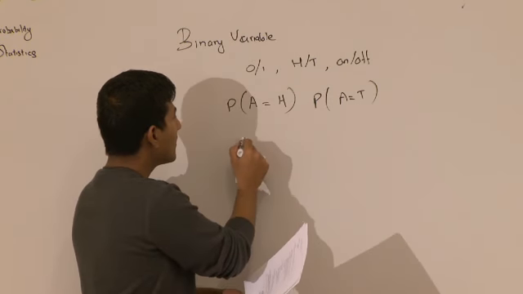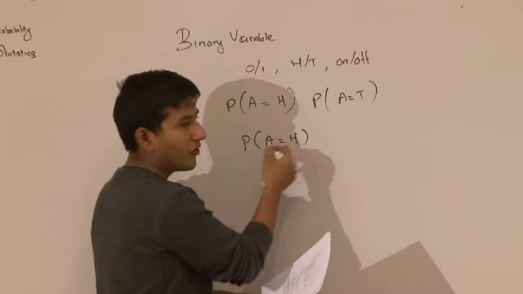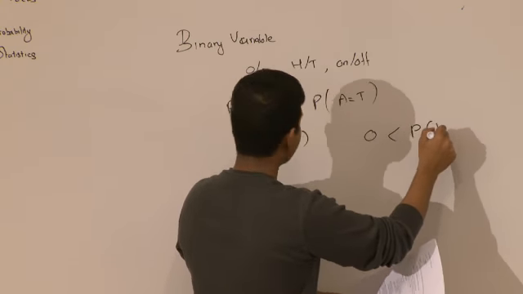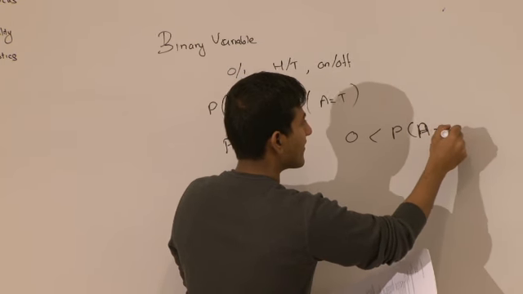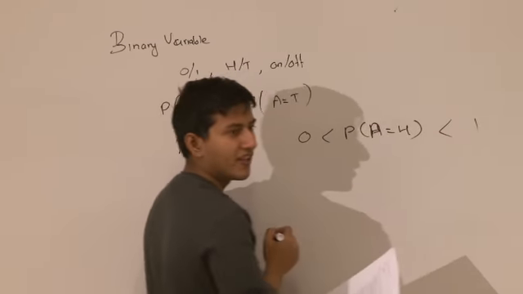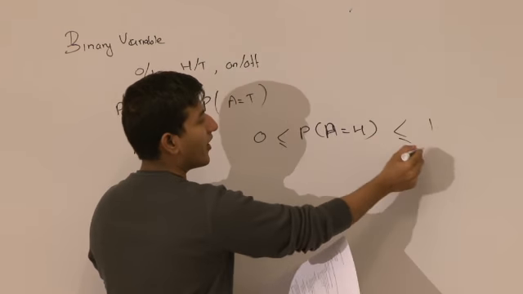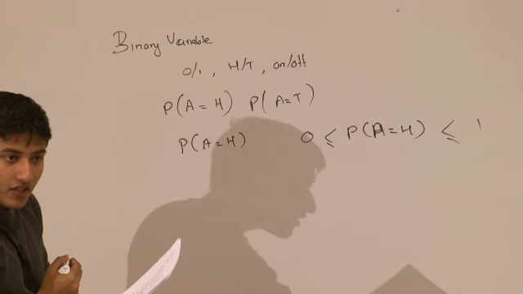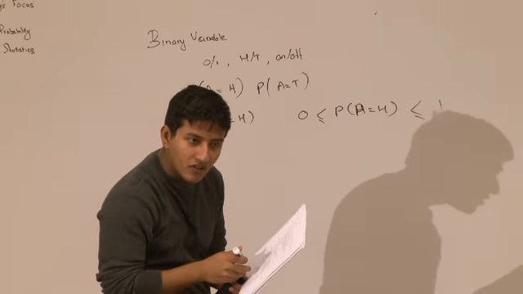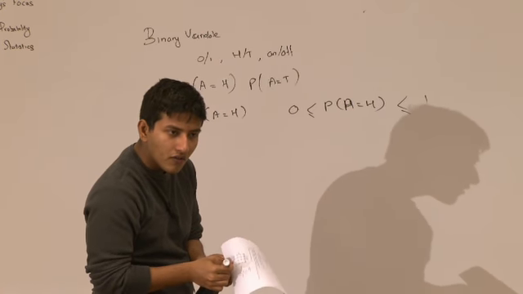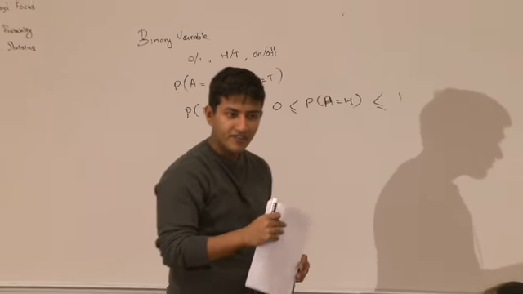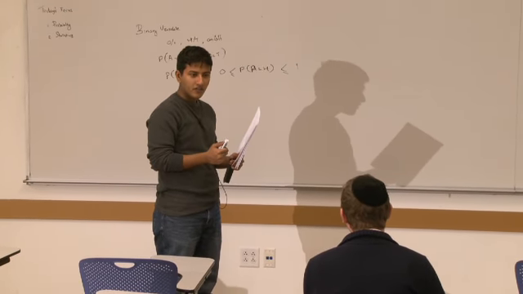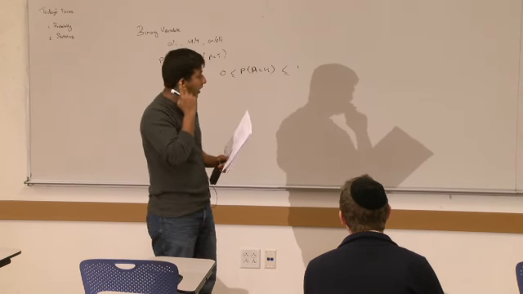However, P of A equal to H can lie anywhere from 0 and 1, including 0 and 1. They don't have to be even. Even though it's binary, you don't need to have head and tail with the same probability.